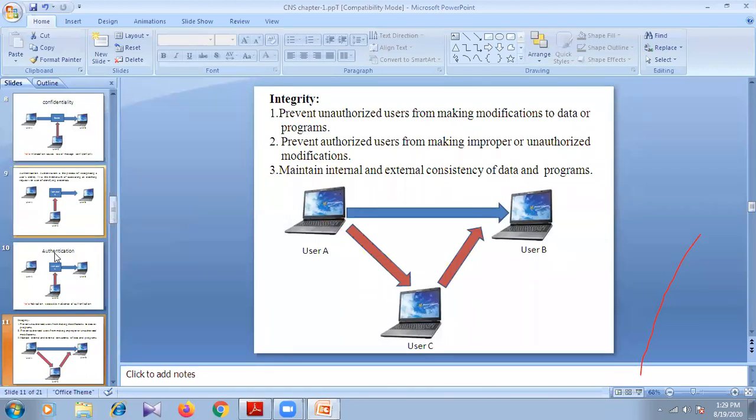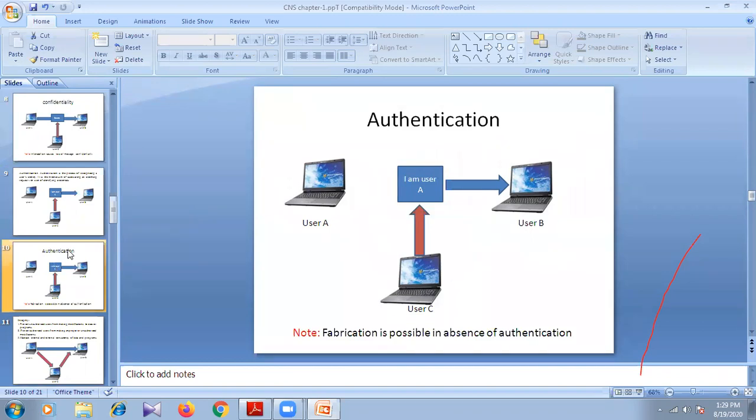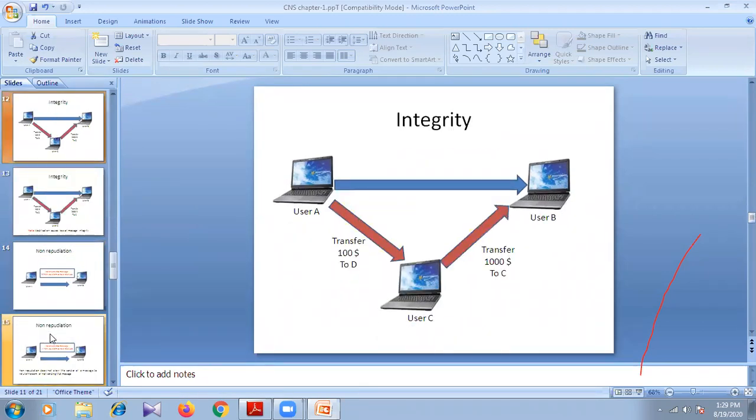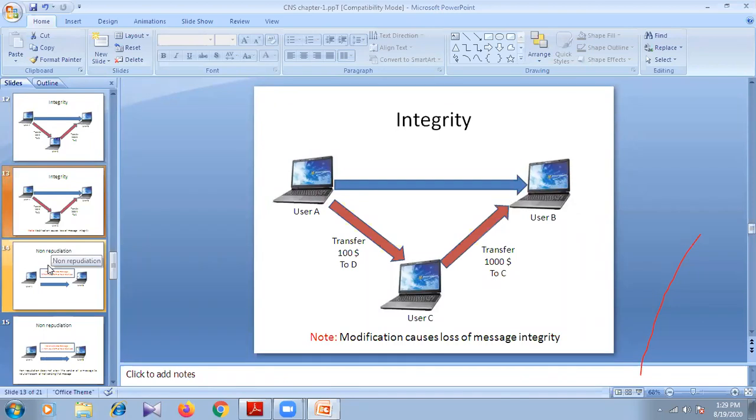Loss of integrity, simply call it modification. So here modification causes the loss of message integrity. Whenever you want to modify, you can modify.